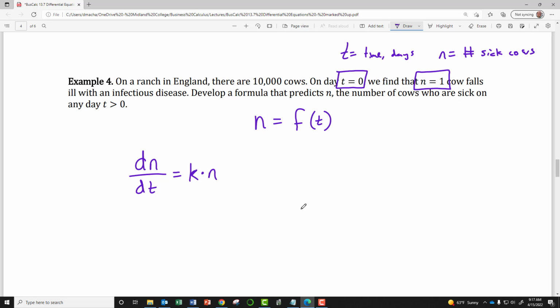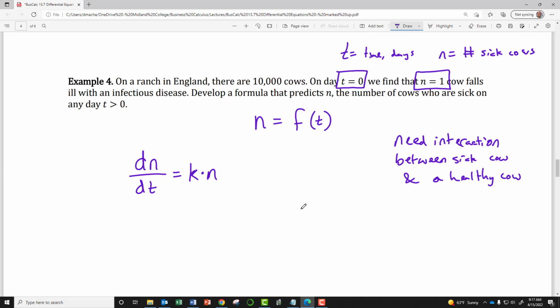That is, for new cows to become sick, you need an interaction between a sick cow and a healthy cow. Because you can't just have a cow that's sick creating sick cows, but you actually need healthy cows to become sick in order to have new cases.